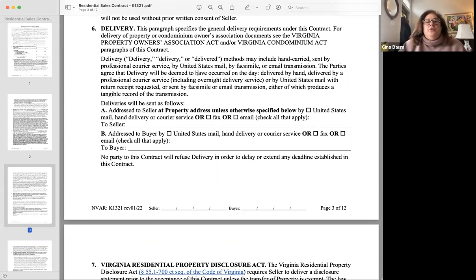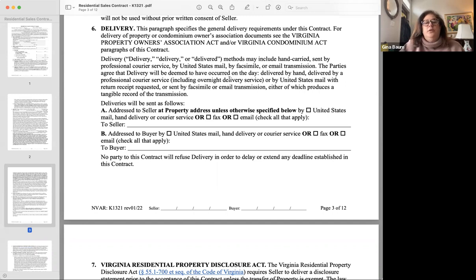Delivery methods may include hand carried, sent by professional courier, by United States mail, by facsimile, or email transmission. So as you know, most of us now communicate by email. The parties agree that delivery will be deemed to have occurred on the day delivered by hand. Now they are defining when delivery takes place.